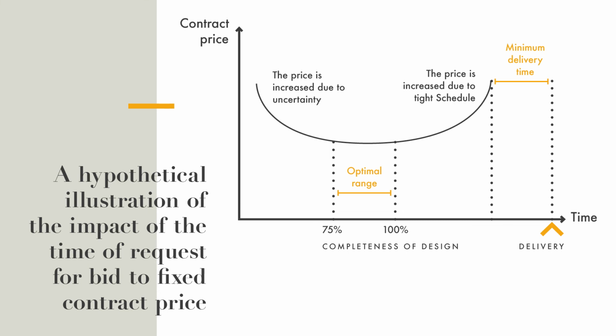So there is an optimal time point for making a fixed price contract when the completeness of the design is rather good. But then if we spend too much time making the design even more complete, and the delivery time comes so short that the contractor starts feeling risk about the short delivery time, again the contractor might price that fixed price contract higher.